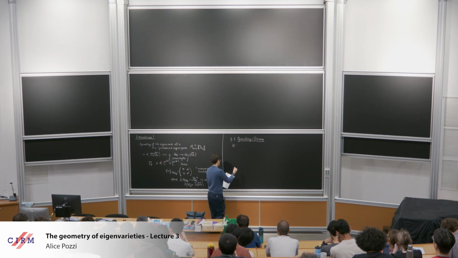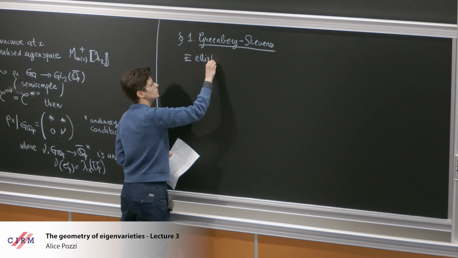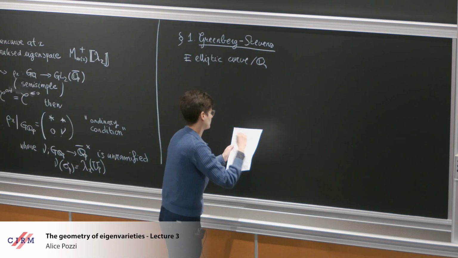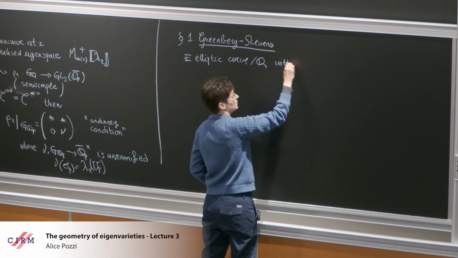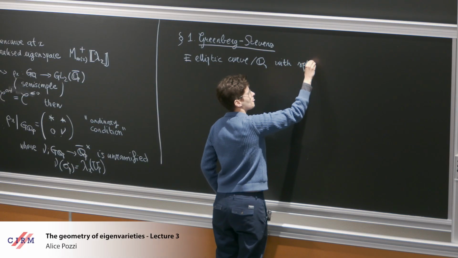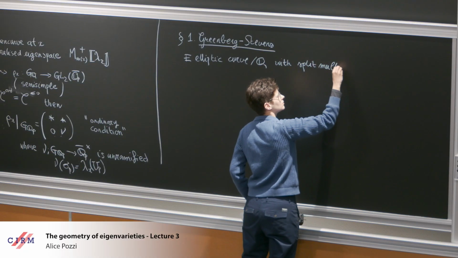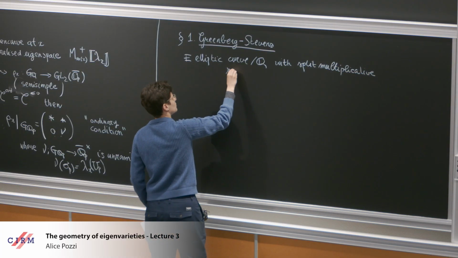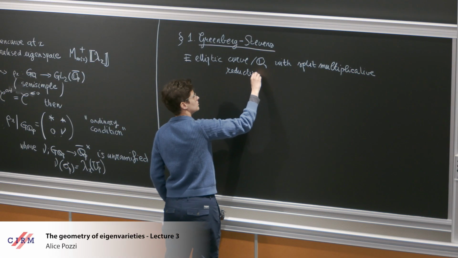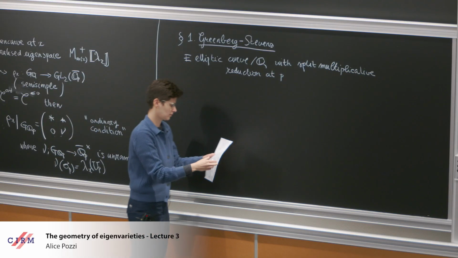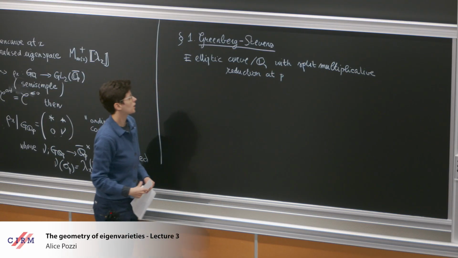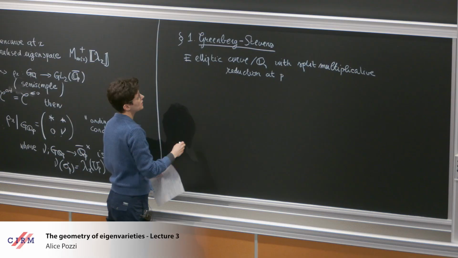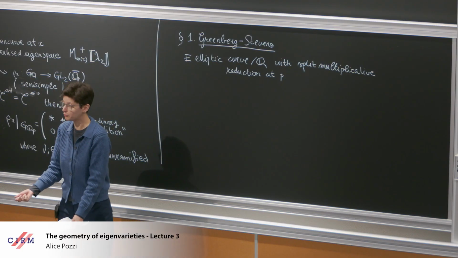So let me take E, an elliptic curve over Q, with split multiplicative reduction at p. This is the crucial assumption. Then, by the work of Wiles, Taylor-Wiles, and so on, to this elliptic curve I can associate a newform.